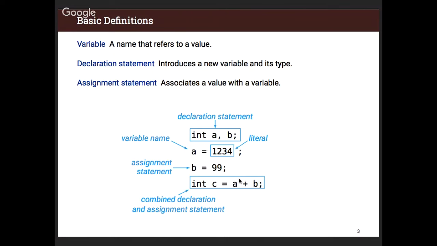It's not putting A plus B in the box. Java is saying, what is A? A is 1234. What is B? B is 99. Perform the operation, add 99 to 1234, and the answer is 1333. And that's the value Java puts in the box.